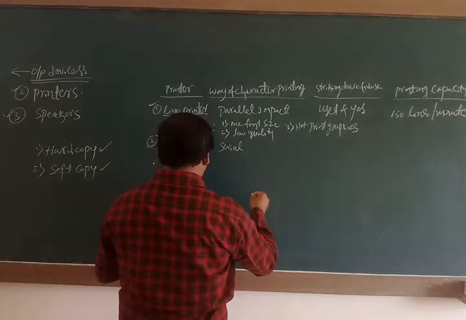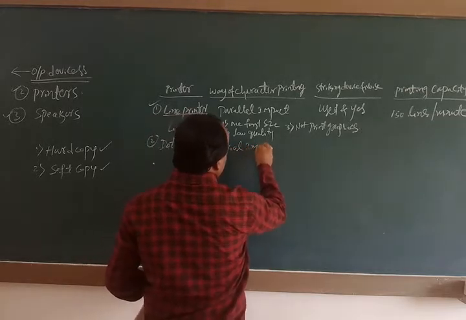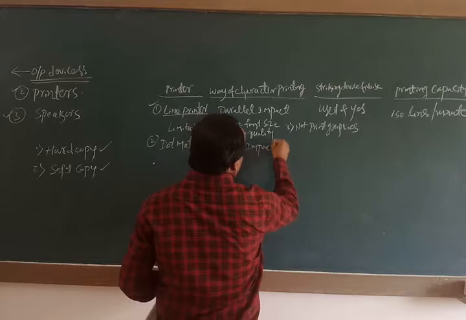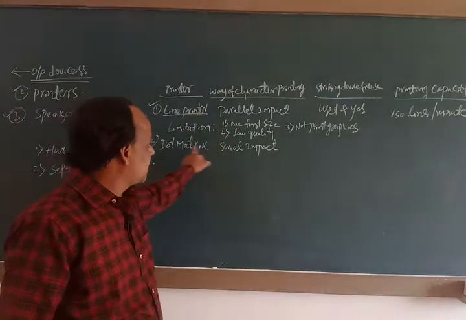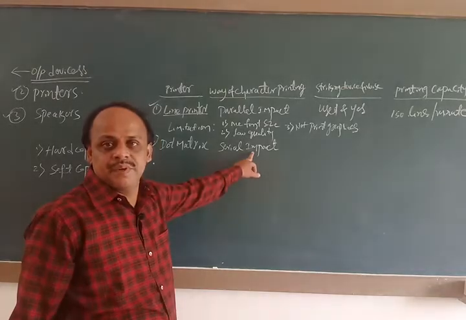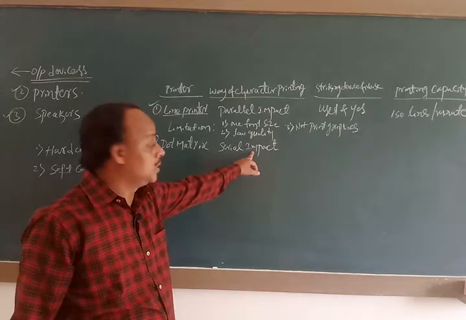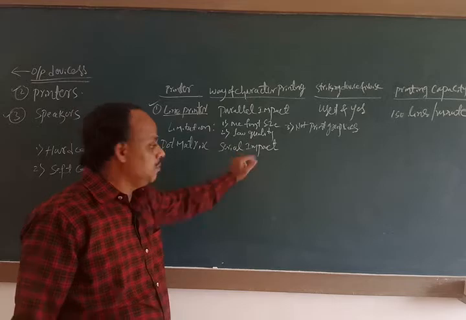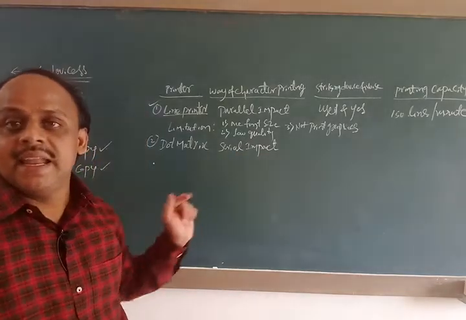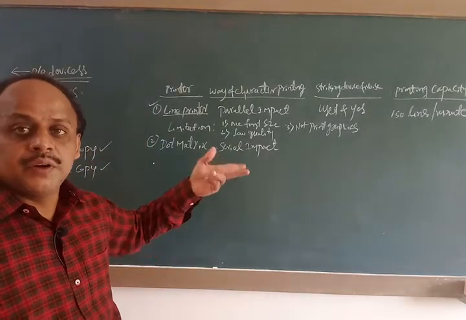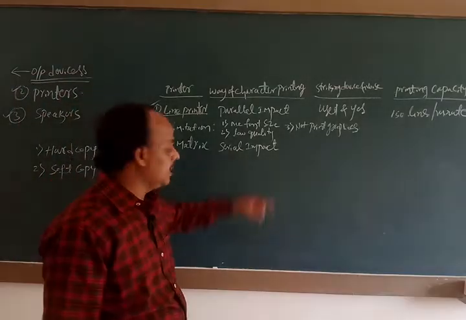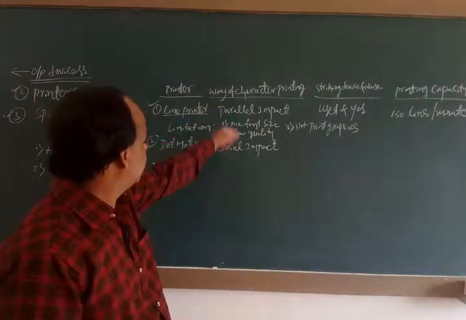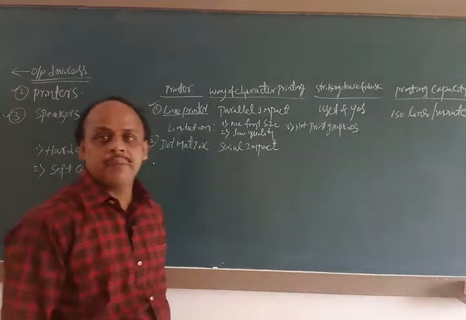Serial impact means the dot matrix comes under the impact printer type. Here serial impact means it prints line by line. It is not going to print multiple lines in parallel at a time. So it prints serially. That's why the way of character printing is serial impact.